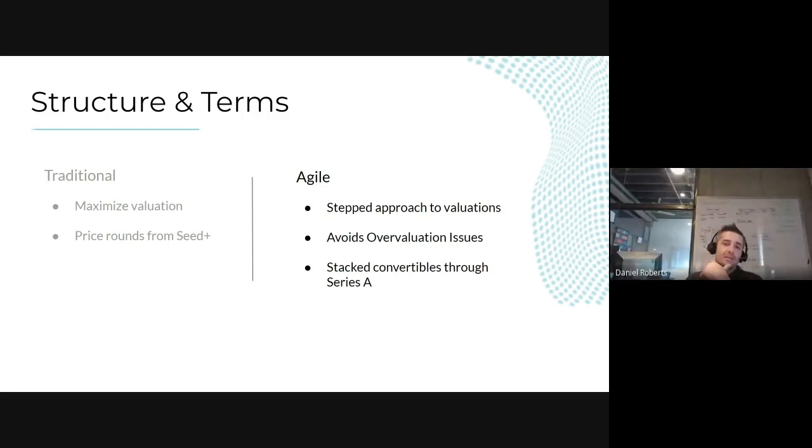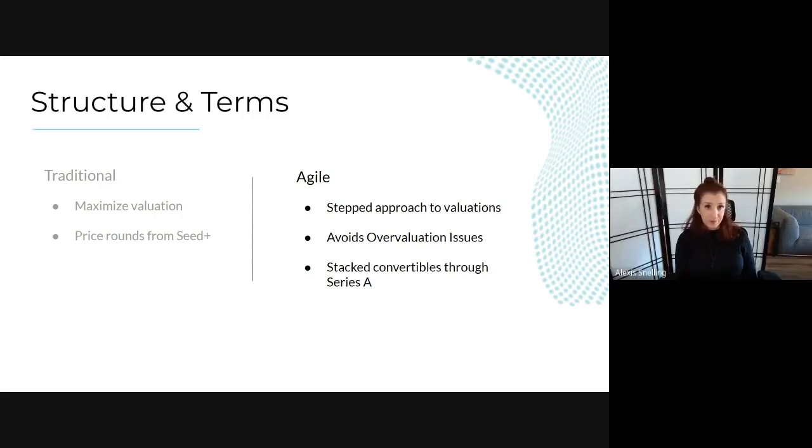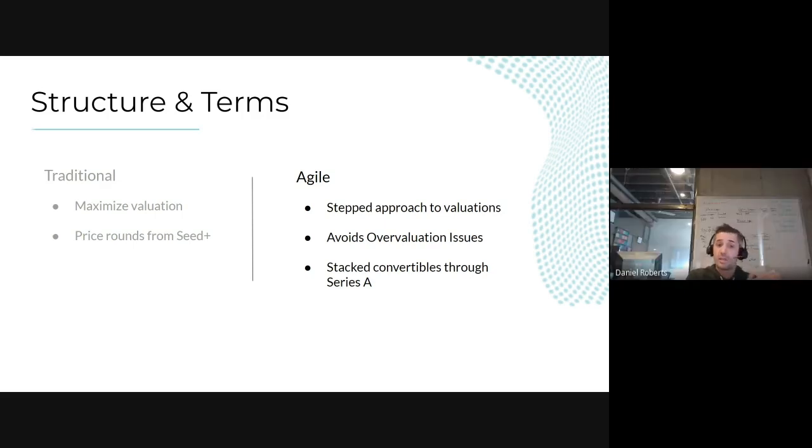Yeah, and this is a really interesting song and dance that founders go through with investors in a traditional round, because you're raising money right now based on what you've done to date. But at the same time, you're not going to be raising for 2 years. And so you want to bake into that valuation the growth you're going to experience between now and the next fundraising. So you don't want to just get a valuation based on today, because you're going to be using that money to grow a lot.